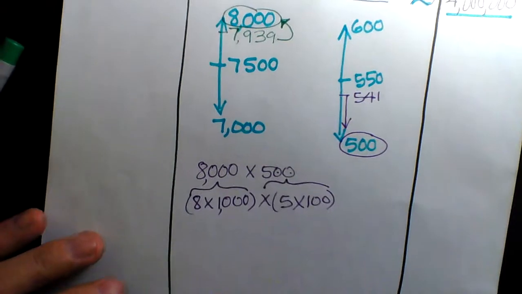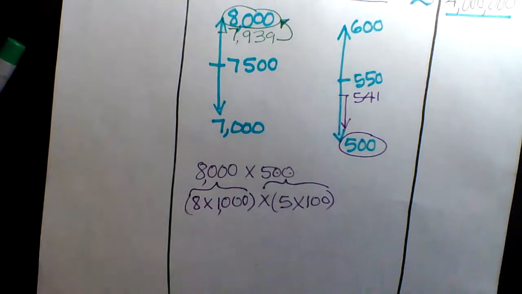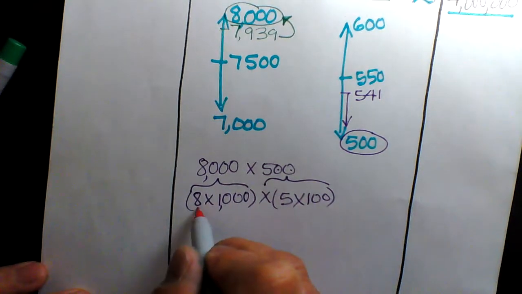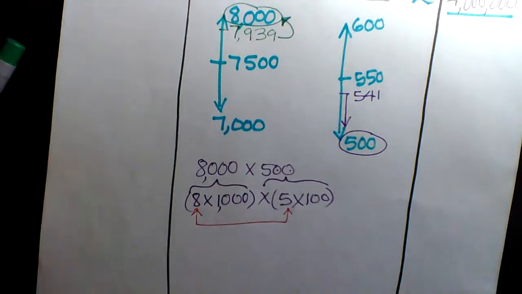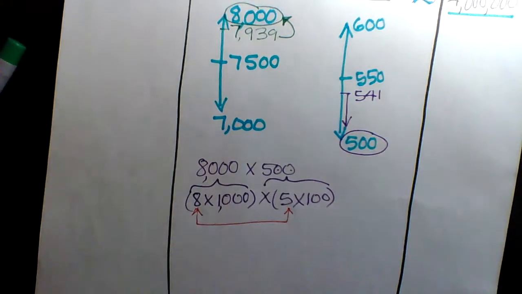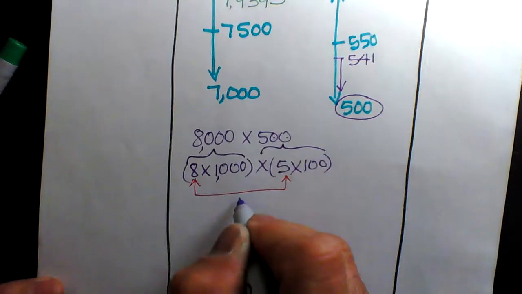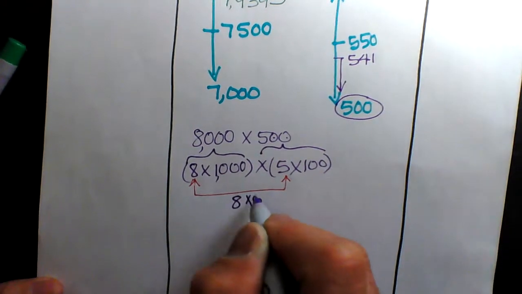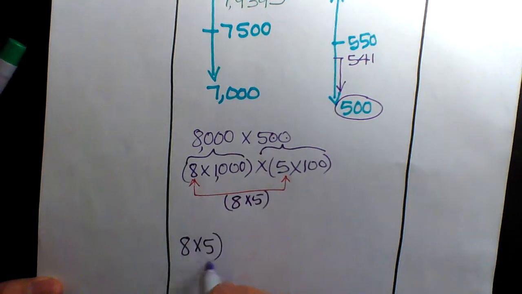After you do that, we can use the commutative property, and we will see that these numbers move around. This can be done in multiplication because when you do that, it does not affect the product, which means the answer. So our first multiplication is going to be 8 times 5. Let's write it here, 8 times 5.